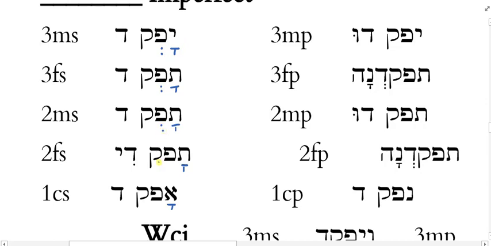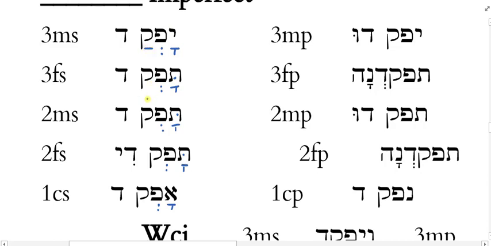Yes, and it's silent. Okay, so it's yof, tof, tof, tof, oaf. All right. My tavs are begad kafat letters, so they need dagesh lene. Yod and aleph are not begad kafat letters, so they do not need dagesh lene, right?